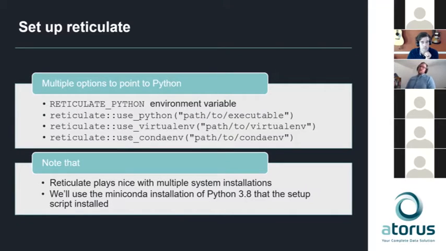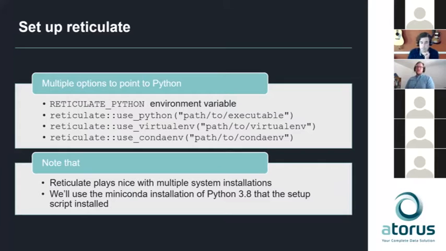If you're using a virtual environment and you have a venv file, you can use that. You can also use the Conda version of virtual environments, which is just the Conda environment. And Reticulate can use all of this depending on which Python version you want it to point to. Or as Mike said, maybe you have a validated version for your statistical work, and then a less restrained version for building tools like this.